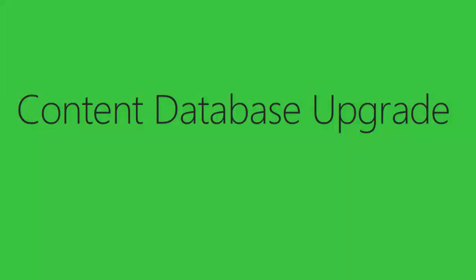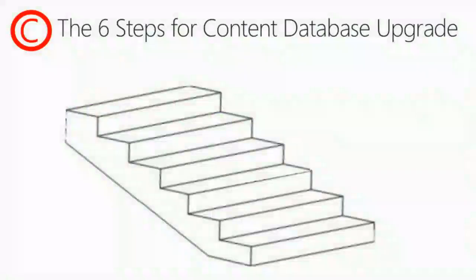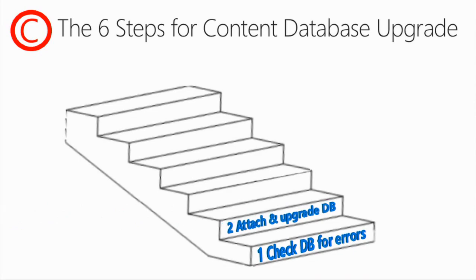So the content database upgrade, I'm going to list the commands for that because this is a prerequisite for your Project Server database upgrades. So you have to go through this. I'm not going to go into as much detail on these, but it's basically 6 steps. You want to check your database for errors. You want to attach and upgrade the database.